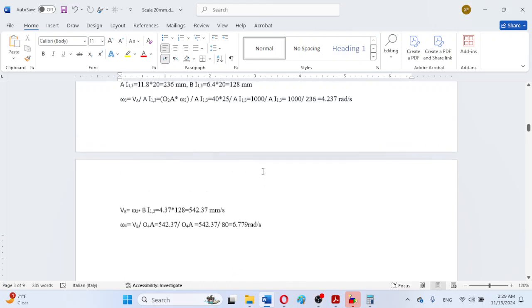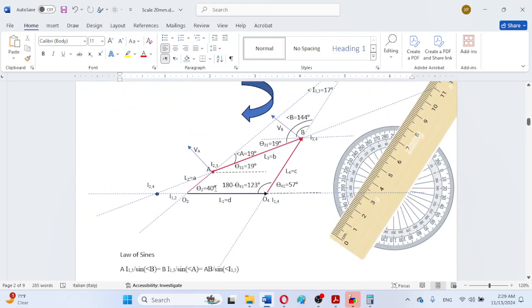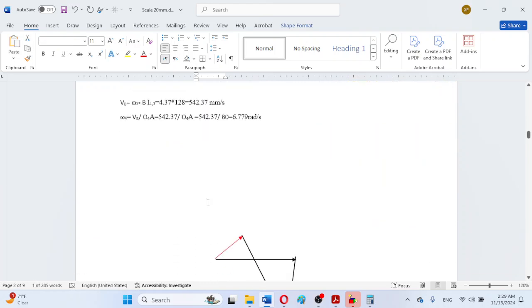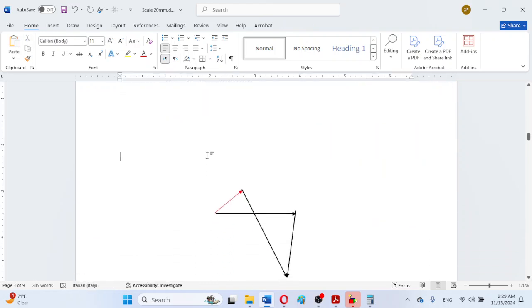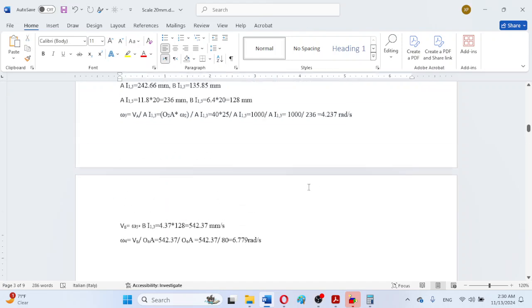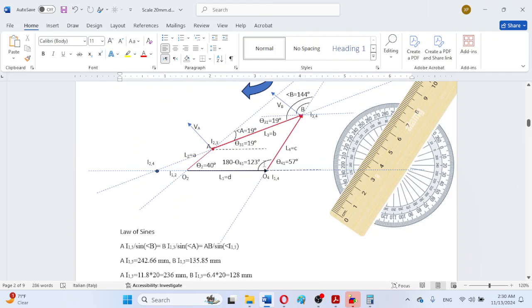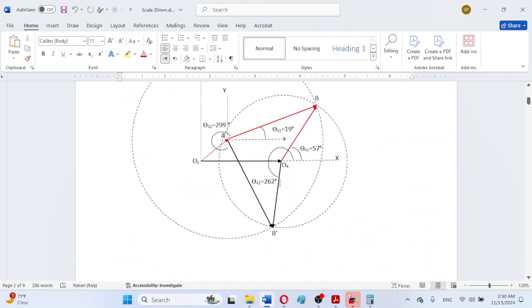Now we can just move some labels from here, like for example this theta 4. Just copy it here and paste it here, because the crank angle is the same. After that, only the necessary labels will be copied from the original diagrams.